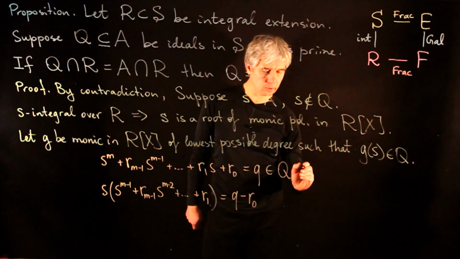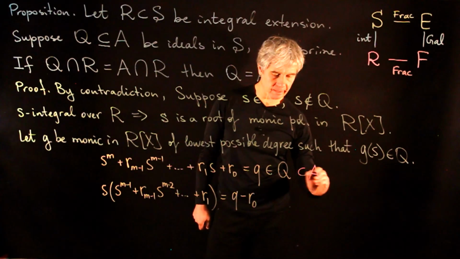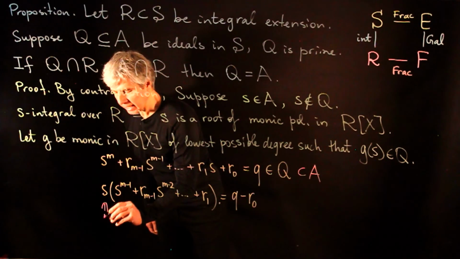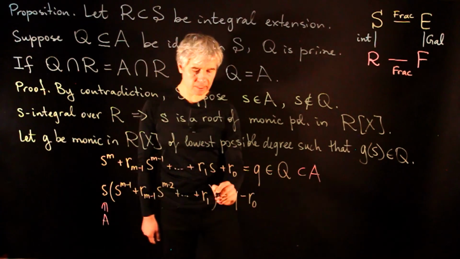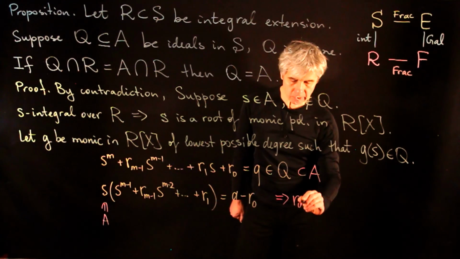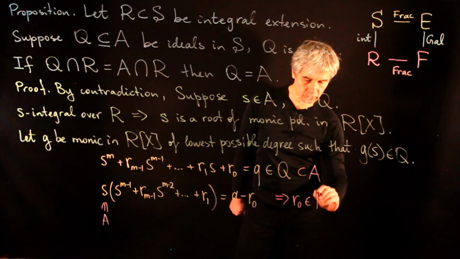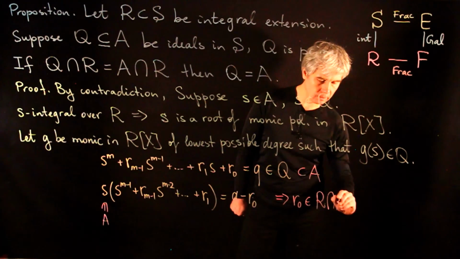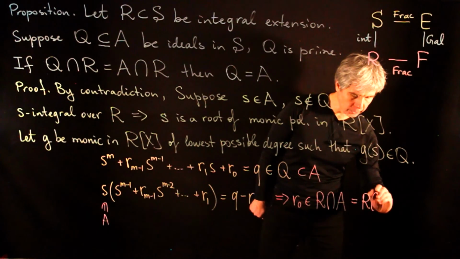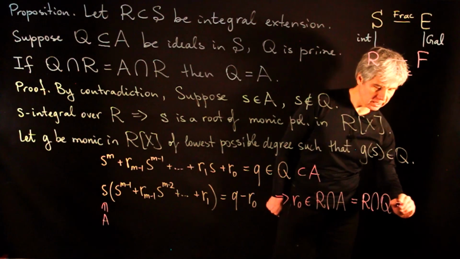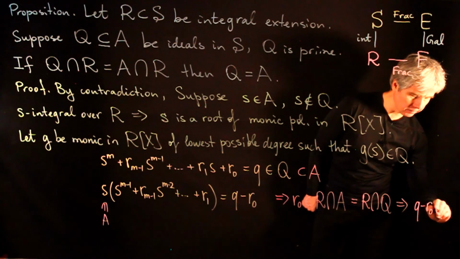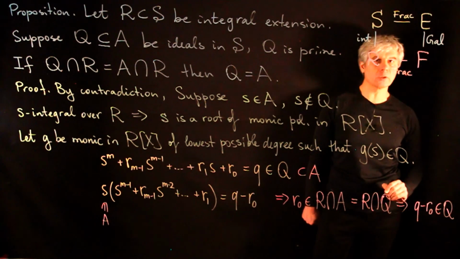By our assumption, q is contained in the ideal A. And s here is also an element of the ideal A. So now this left-hand side is also in A. So this tells us that element r0 belongs to the intersection of R with A, which is equal to the intersection of R with Q. So this tells us that q minus r0 is in fact an element of the prime ideal Q.